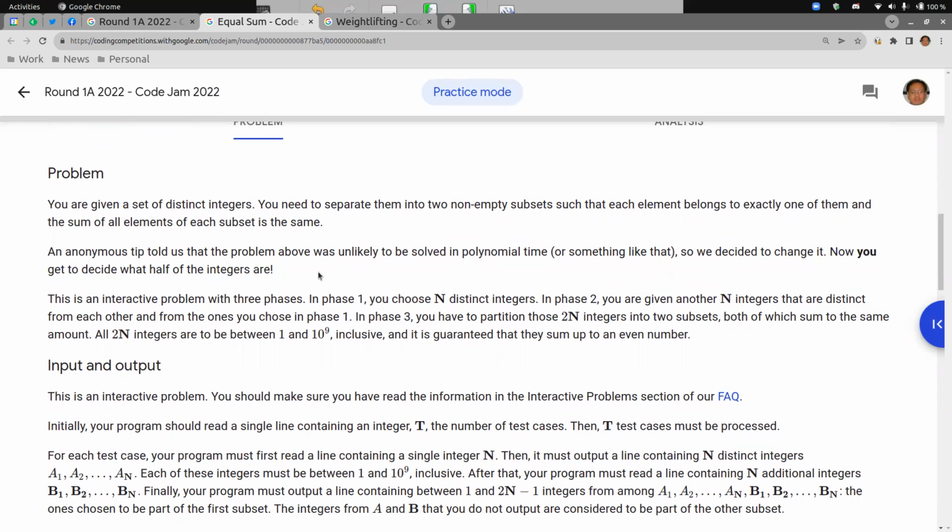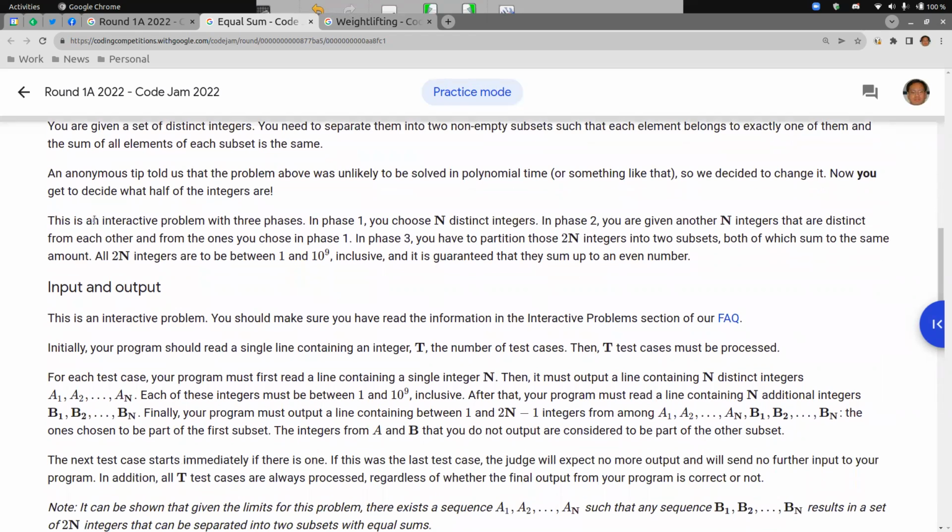So this is a kind of strange problem. It's called an interactive problem. I don't just take the inputs and then compute. I take some input, I send some output back. Then based on my output, it will send me some other input, and we can go through multiple rounds. That's what's called an interactive problem.